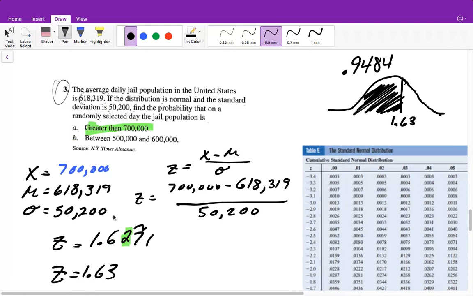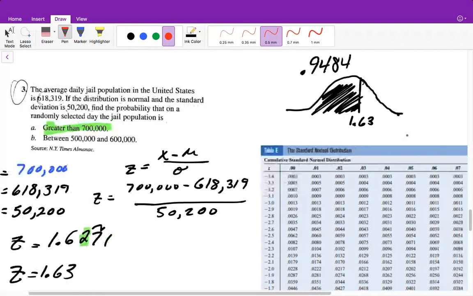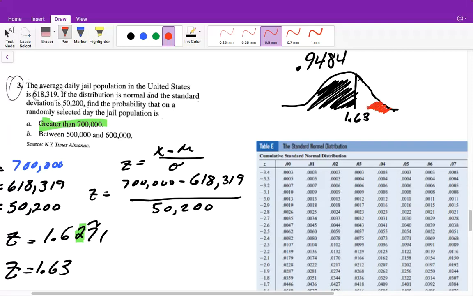But this said that they want the area that is greater than. So that means we are actually trying to solve for this area to the right. Remember, whenever we're dealing with probability, all of the outcomes that can happen will always add up to 100%, or in this case, it adds up to 1.